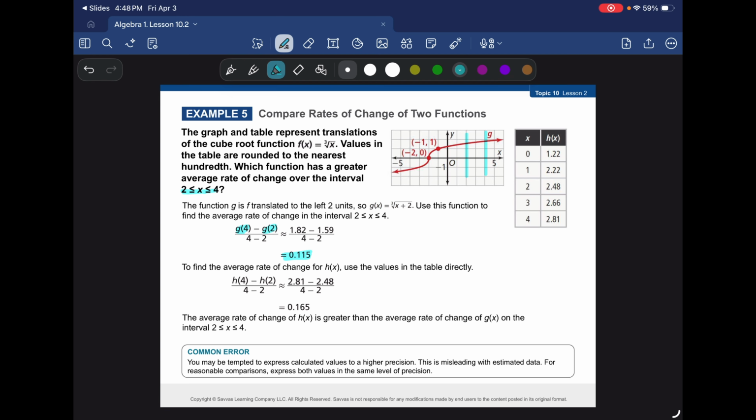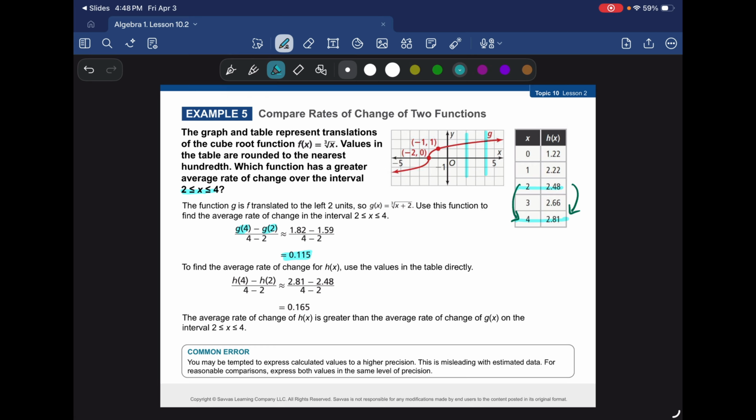For the table, they've already given us the output, so we don't have to substitute any inputs. We just have to find where x is 2 and where x is 4. There's our interval, okay? So going from 2 to 4, how does our output change? Well, we can take 2.81 and subtract 2.48. And then how does our input change? Again, that's just 4 minus 2.